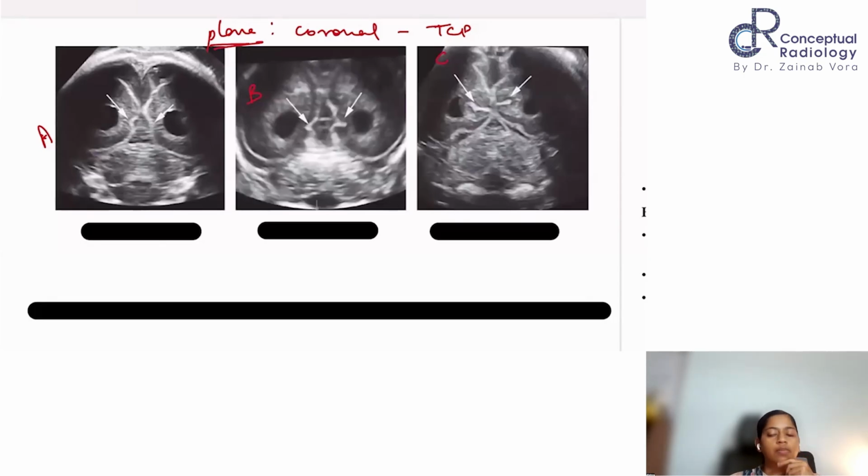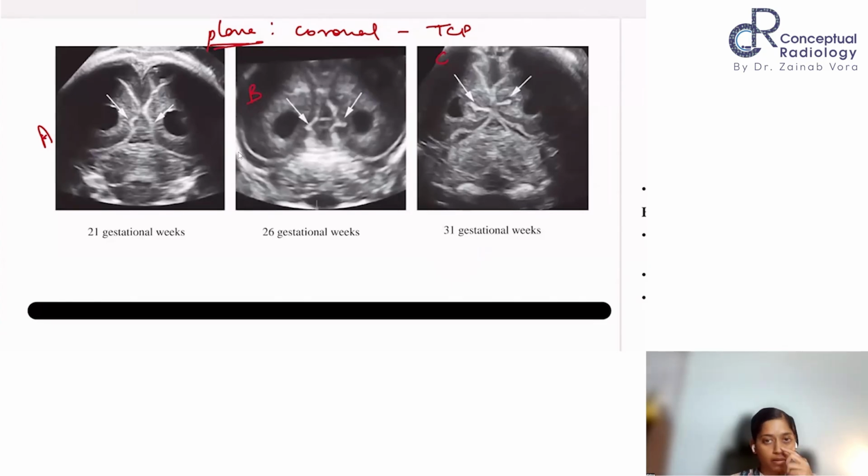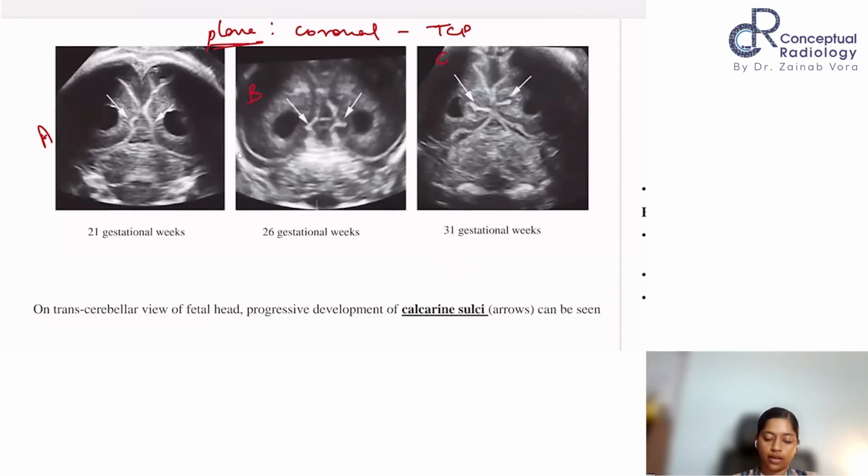How do you know this A is the smallest baby, youngest baby? Yes, the pattern. Very good. So everybody's paying attention. So first is 21 week. Second is 26 week. And then 31 week. And we are focusing at calcarine sulcus.